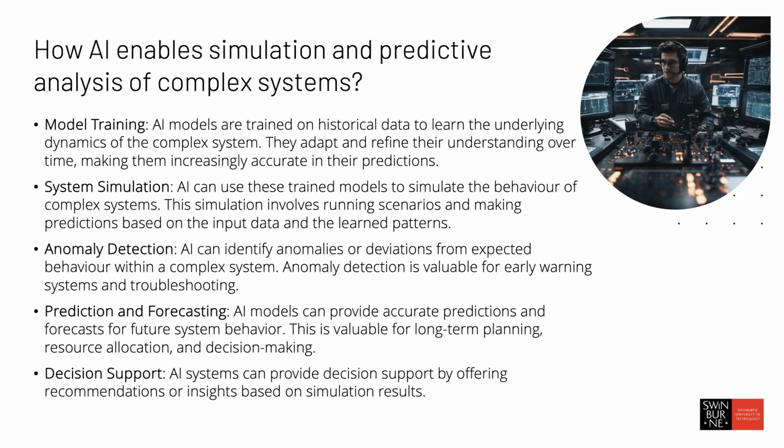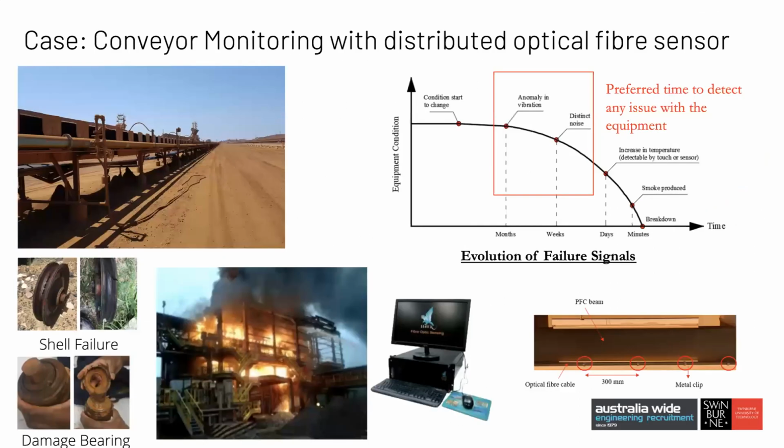So in the next few minutes, I will give you some examples of how those monitoring systems can be done. One project that our engineering department has done is about how we can use optic fiber sensors to monitor the failures of the conveyor belt.